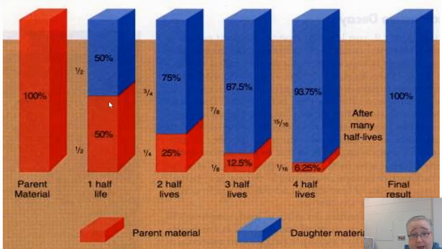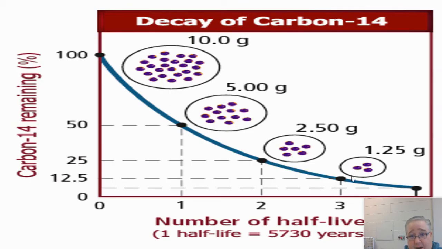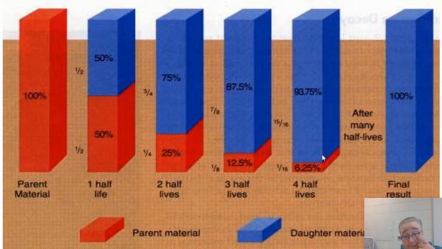After another half-life, 25%. So again, you see this decay. It's a similar thing to what we see here. This is a line graph, and this is a bar graph representation. But eventually it will all decay into a more stable isotope.